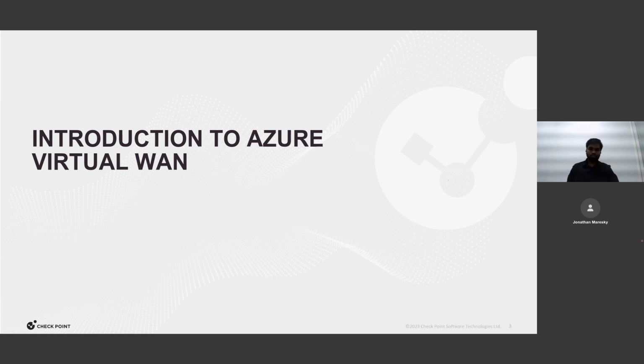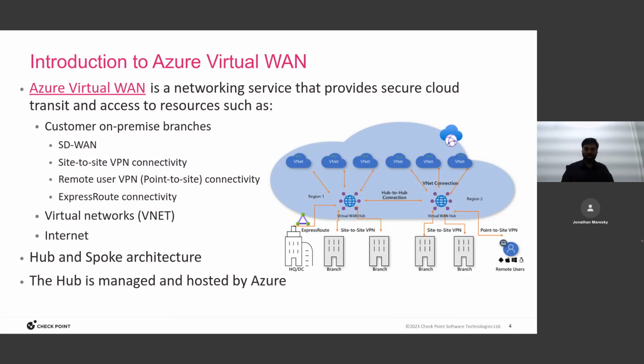So the first and most important, what is vWAN? I just wanted to clear the concept here, what Microsoft is trying to do, and what kinds of problem statement they wanted to address with the new service called Azure Virtual WAN. If you ask me, it's a framework which has managed networking and managed security services baked into it, where you can terminate any kinds of connectivity into the Azure vWAN hub.